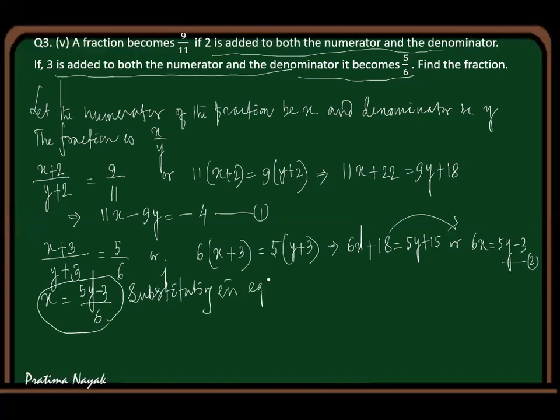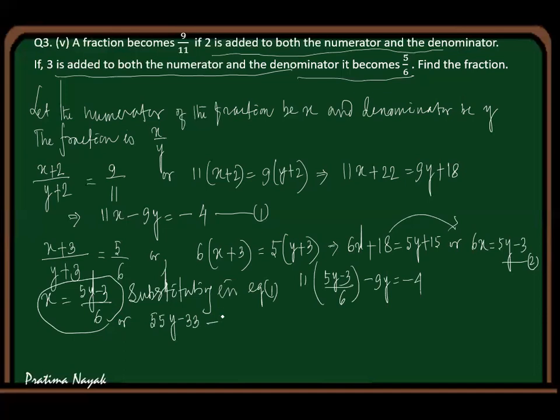Equation 1. What I'll get? I'll get 11 into 5y minus 3 by 6 minus 9y is equal to minus 4. Or I'll get 55y minus 33 by 6.